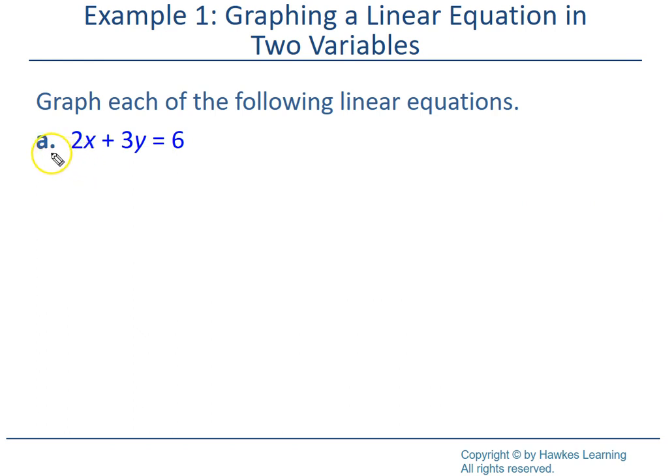So, letter A here, for example 1, what form is this equation in? Well, you may recall it's in standard form. So what we're going to do is make that t-chart.